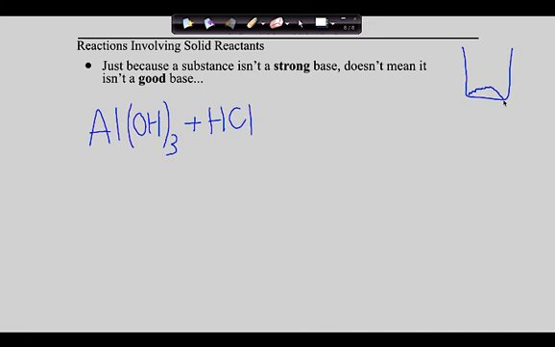Okay, so guys, with that said, let's predict our products. Double displacement reaction, aluminum hooks up with the chlorine, the hydrogen hooks up with the hydroxide, so we get water and we get aluminum chloride. Now guys, we need to balance this. And when I balance these reactions, I prefer to write water as HOH.